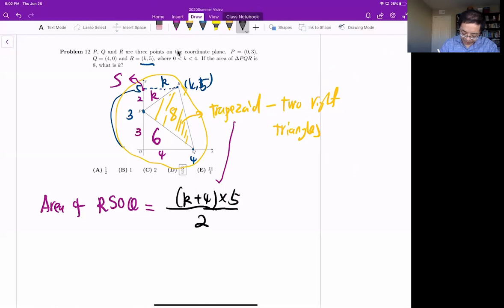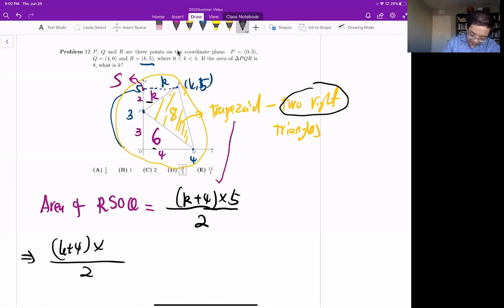Then you subtract the area of these 2 right triangles, one is 6, another one is 6. So I get the equation: K plus 4 times 5 minus K, and minus 6, minus 6 equals 8.